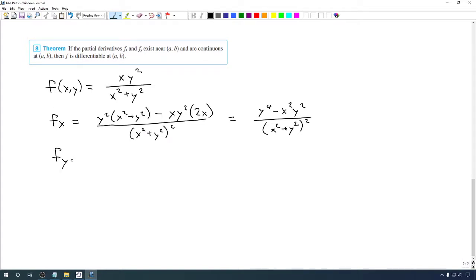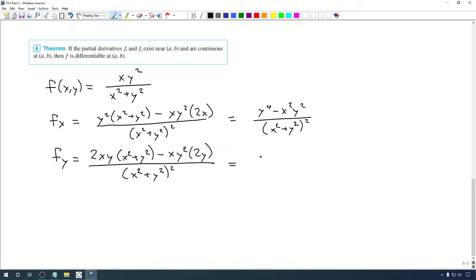If we look at the y derivative, we go ahead and do the exact same kind of thing, except now we're differentiating with respect to y instead of x. So we end up with a derivative of the top that is 2xy, still times the bottom, minus the top, times the derivative of the bottom, which now is 2y. Still have this on the bottom.